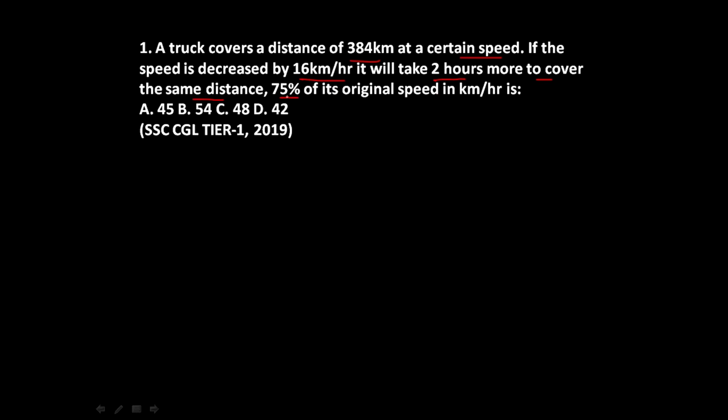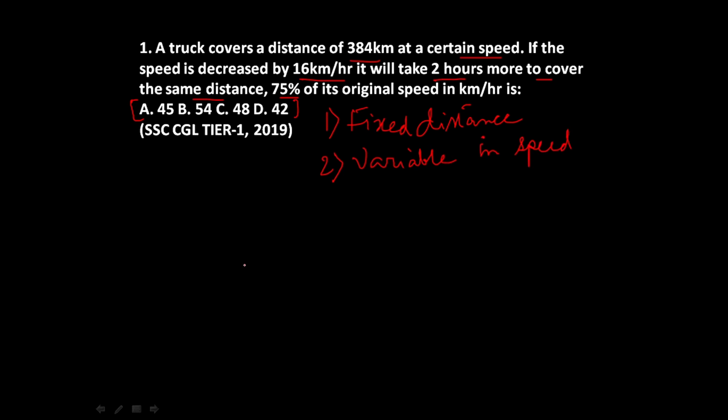Okay. So this kind of problem can be solved in two ways: either by checking the options or through a formula. What's the formula? It's the formula of fixed distance and variable speed as well as time, right?